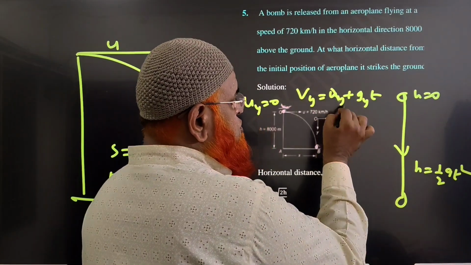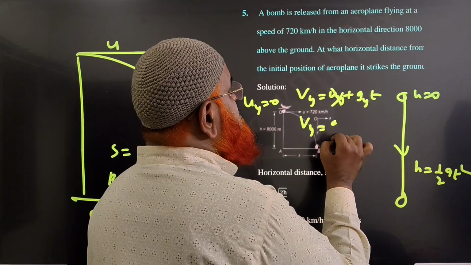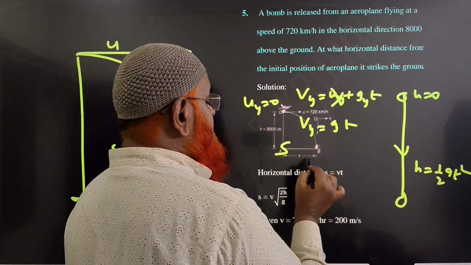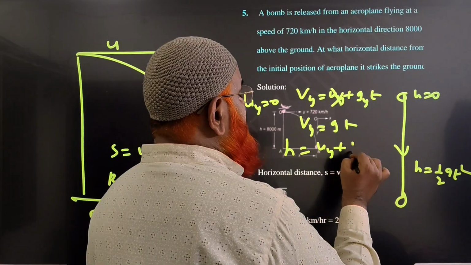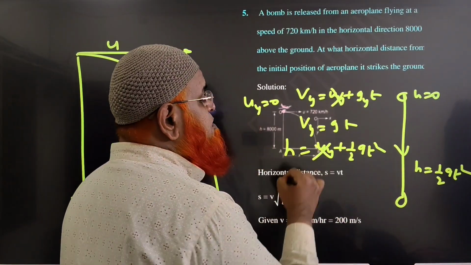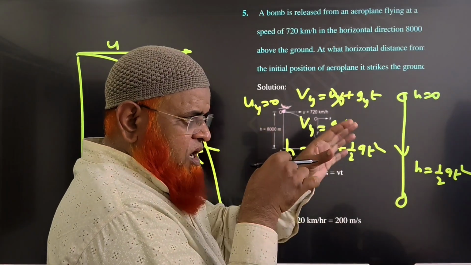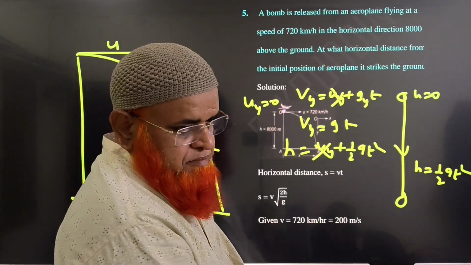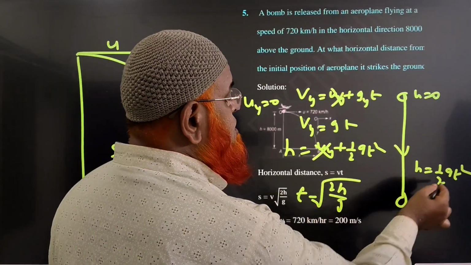Only gy will be there, so vy is equal to g into t. Similarly, displacement: h is equal to uy t plus half gt square, and uy will not be there. That means when you drop a body directly or throw horizontally, both will strike at the same time. So here T is equal to square root of 2h by g.